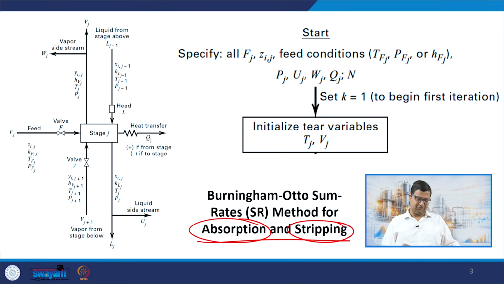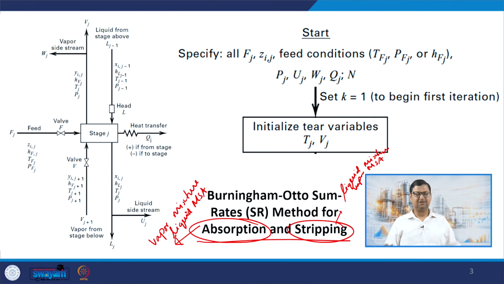For absorption, we are basically separating a component from a vapor mixture with the liquid MSA. And for stripping, we are doing the opposite. We have a liquid mixture and we have a vapor MSA.